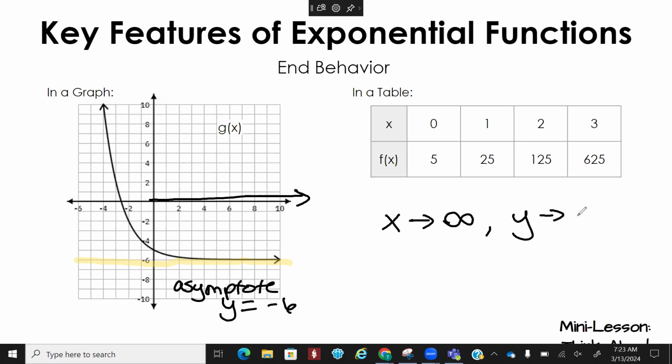Okay, so y is also approaching -6. As we move to the left, where are our y values going? They're going up. They're going infinitely up. So it's going to be positive infinity.